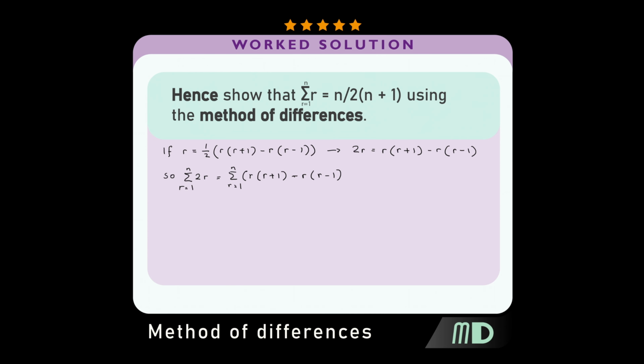Pulling the factor of 2 out on the left-hand side gives us 2 multiplied by the sum of r equal to the sum of r multiplied by r plus 1 minus r multiplied by r minus 1.